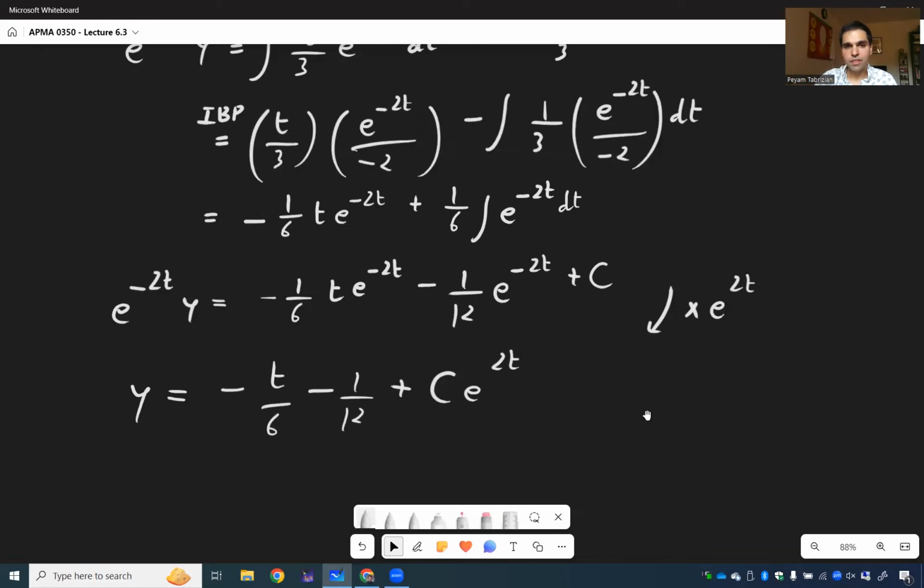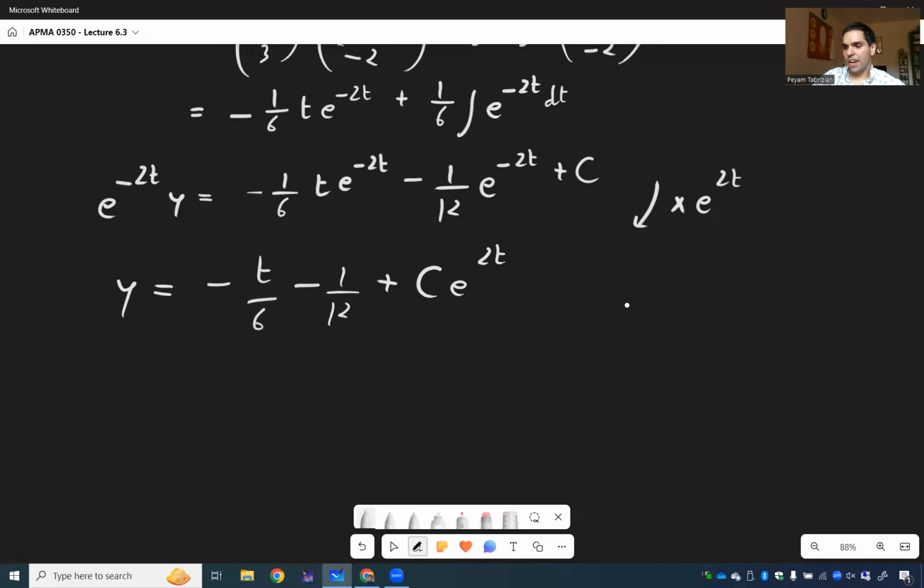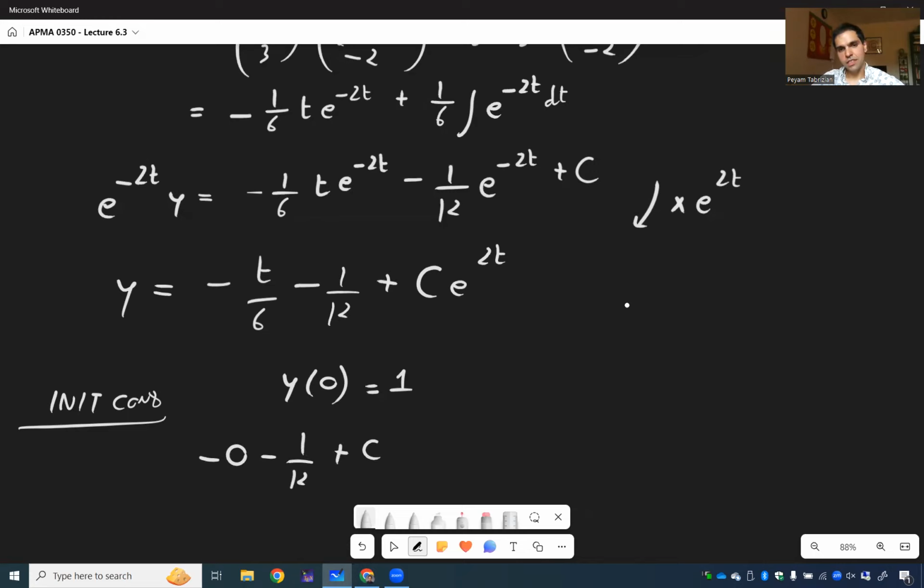And we're not done. Because this was a general solution, and now we have to use the initial condition, which was, I believe, y of 0 equals 1. So minus 0, minus 1/12, plus c e to the 0 is 1.